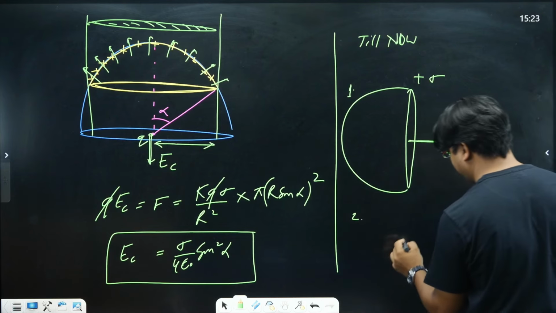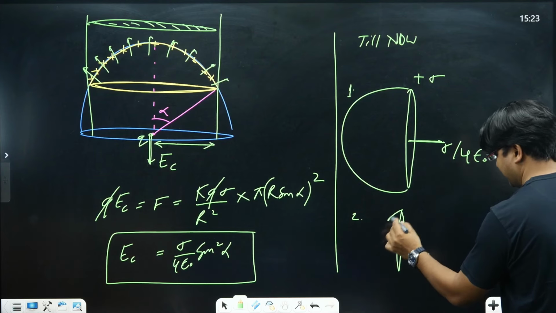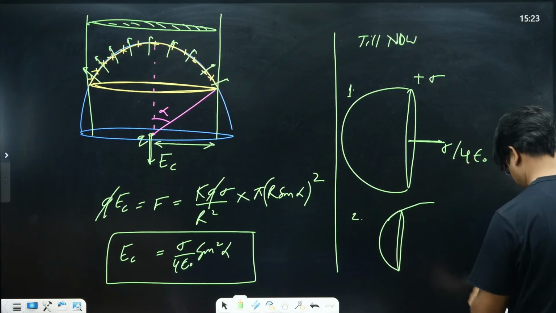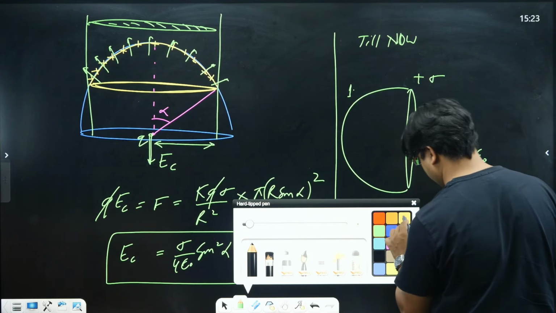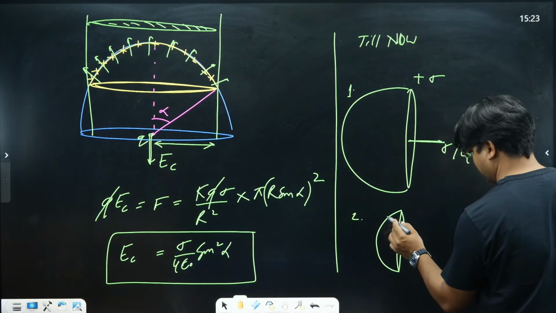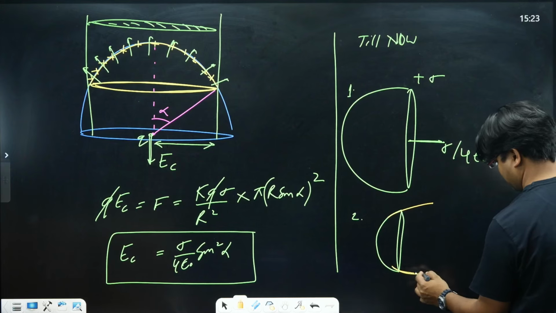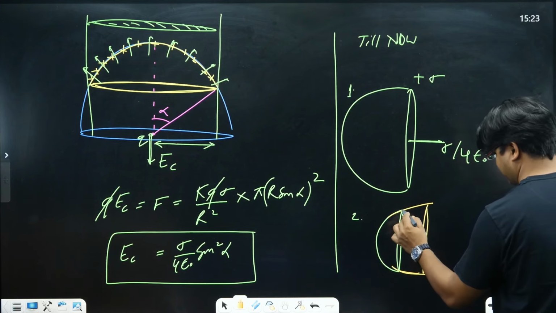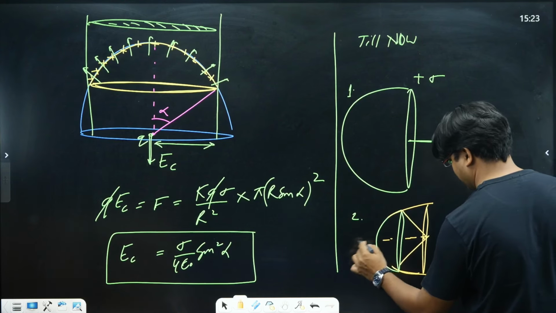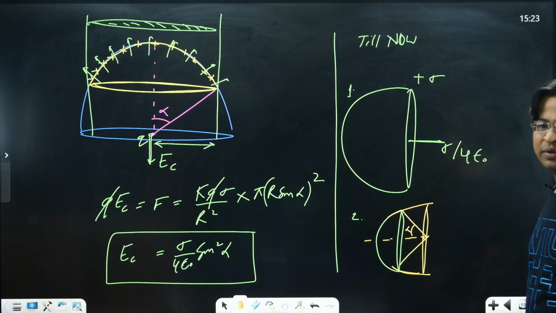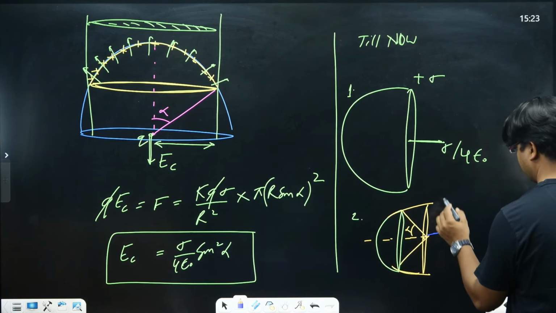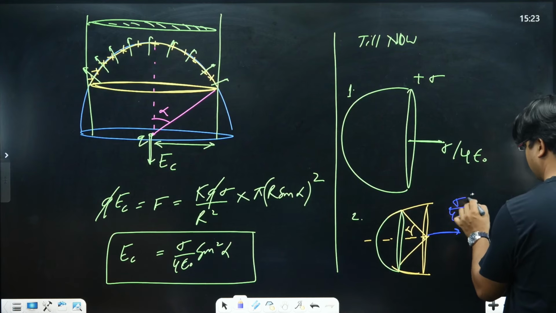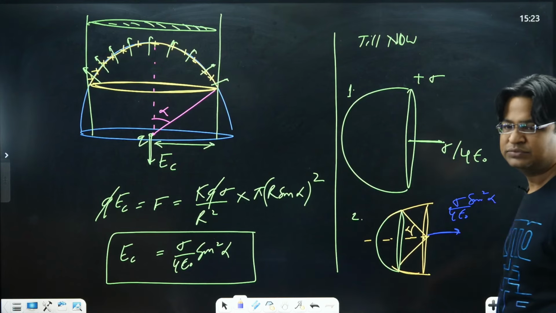And if we don't have the entire hemisphere, but only some portion of it, then in this case the electric field is sigma by 4 epsilon naught sine square alpha. Now what next?